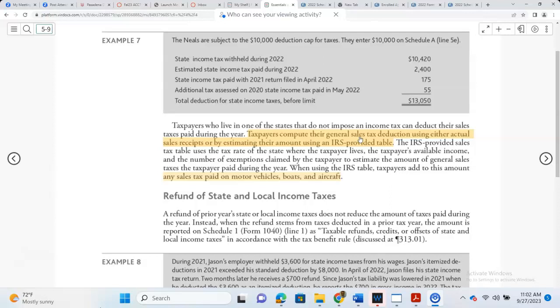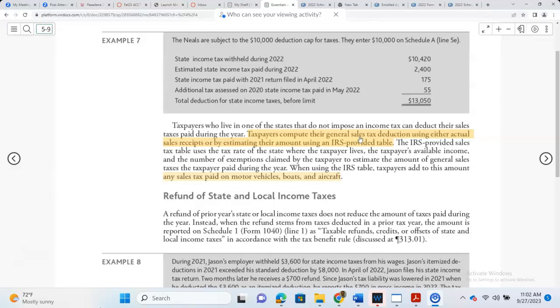Yes, I know it shows the sales tax, but you cannot say, oh, I have all these receipts, plus I'm going to use the IRS table. The moment you use the IRS table, then those receipts are not important for groceries, and then you bought a pizza, and then you bought supplies for your school. Those you cannot combine.